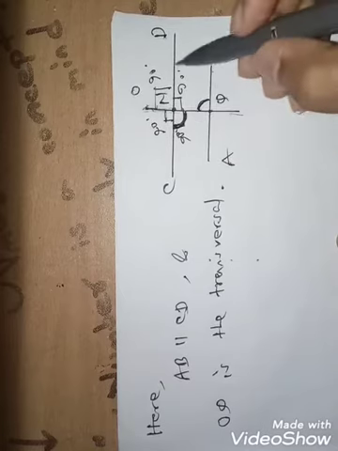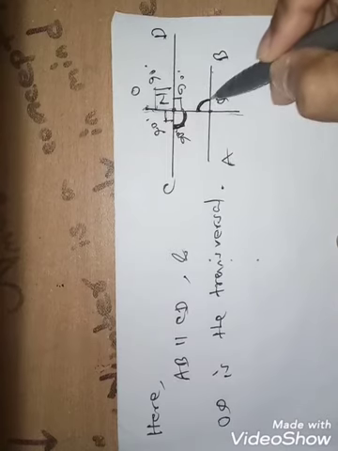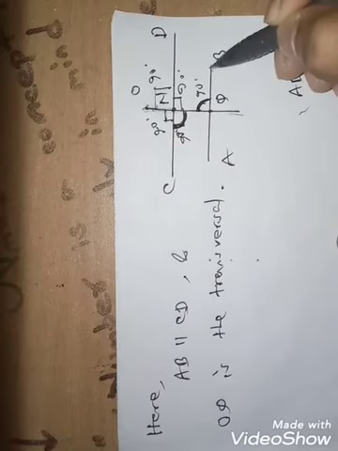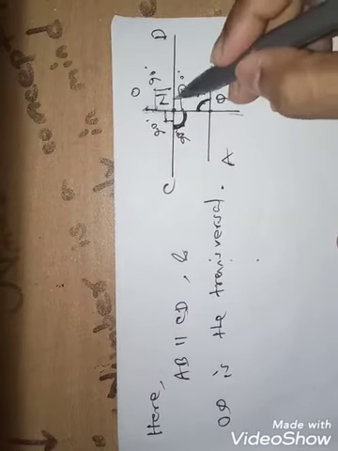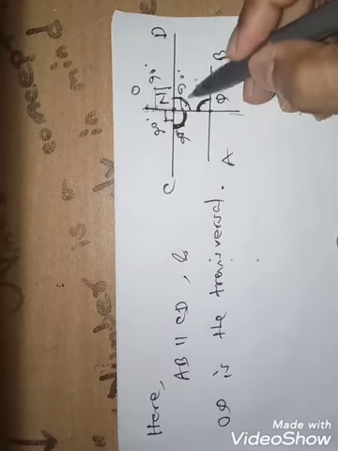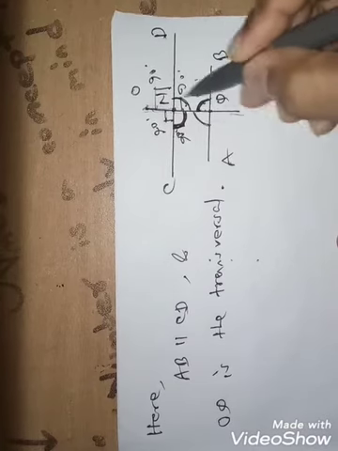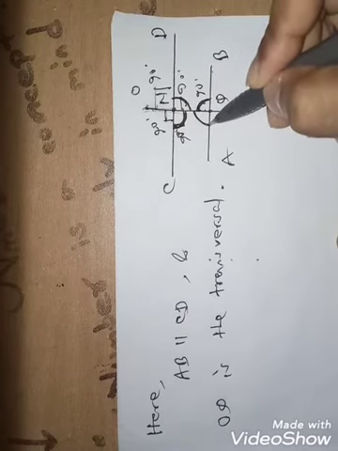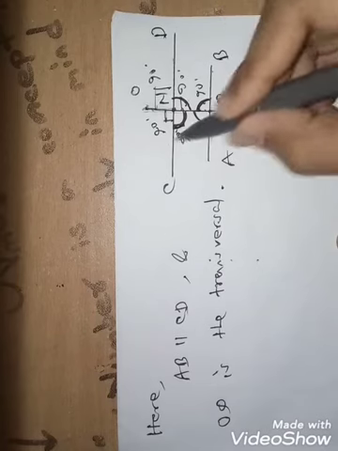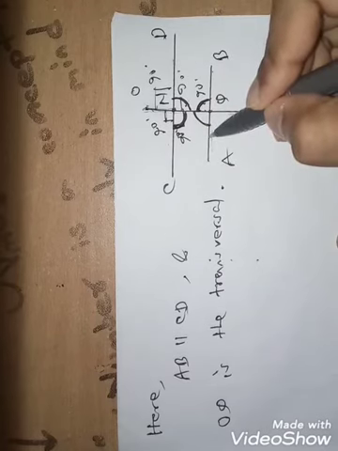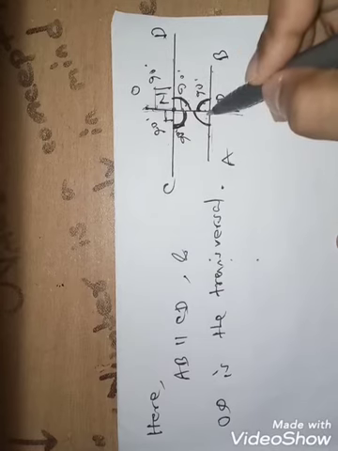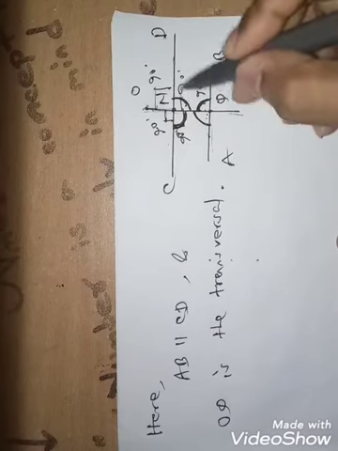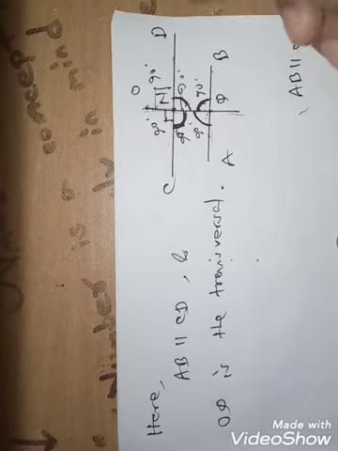This one is 90 degrees, so this one is also 90 degrees. Similarly, this angle is mutual alternate to this angle. Since these two chords are parallel, the mutual alternate angles are equal. So this one is 90 degrees and this one is 90 degrees.